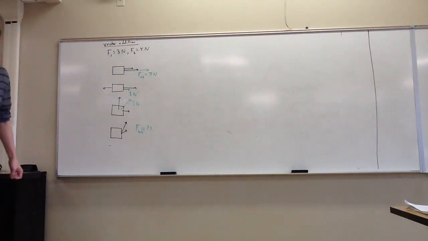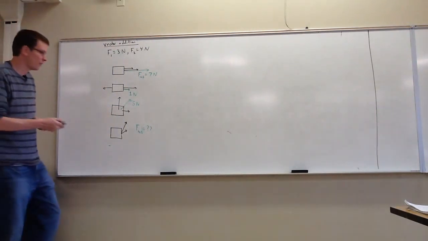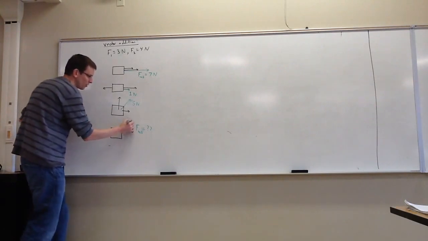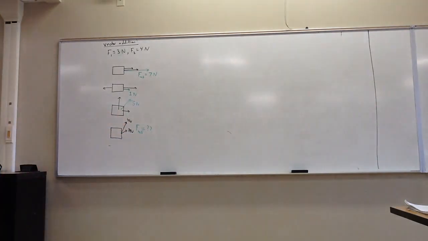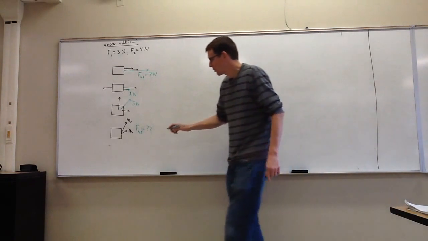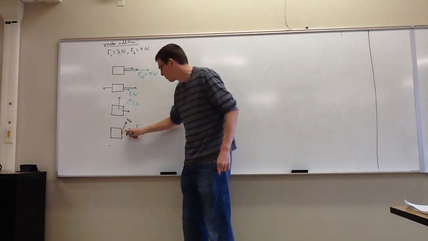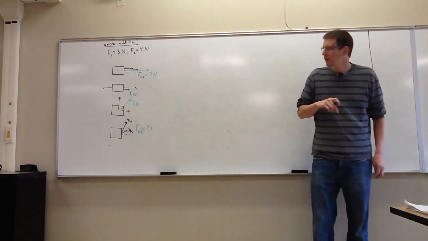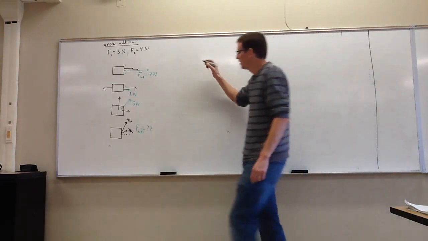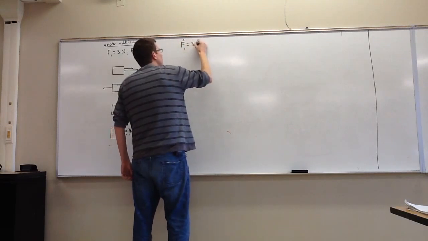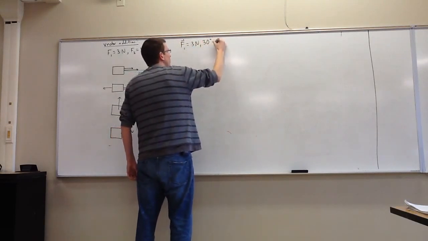So just for the sake of argument, let's say we have the 3 Newton force and the 4 Newton force pulling at angles like that. And let me just make up numbers. Let me reference both of their pulls from that horizontal line. Let me say that F1 is 3 newtons, 30 degrees above horizontal.